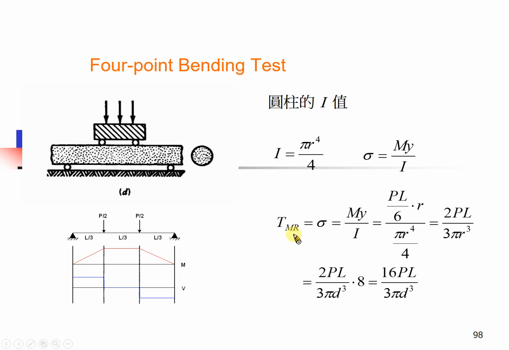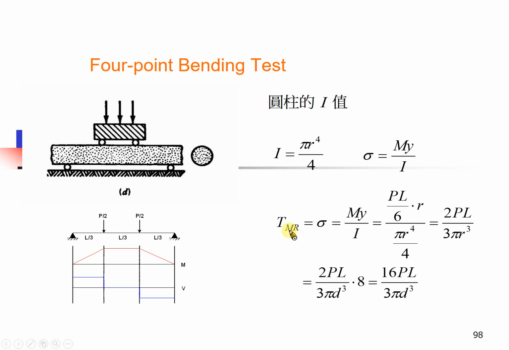Okay? Make the tensile failure start to propagate. So this will equal to this, and it will be a function of the load applied here. That means if you have the diameter of the beam and the length of the beam between this here and here, and when you do the test, you will get the P, then you will get the tensile strength.